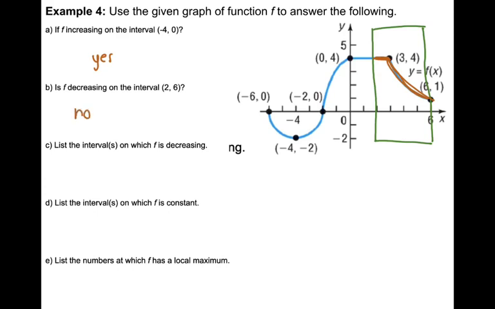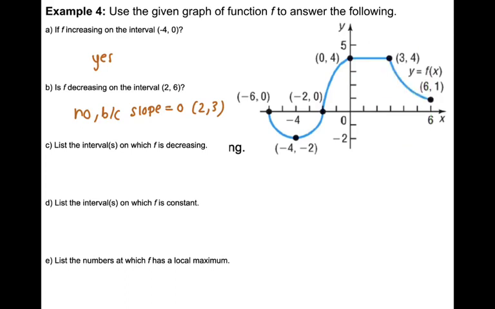The answer is no, because the slope between 2 and 3 is not decreasing, it's not negative. The slope is 0 on the interval 2 to 3. So we can't say it's decreasing because it's not negative.